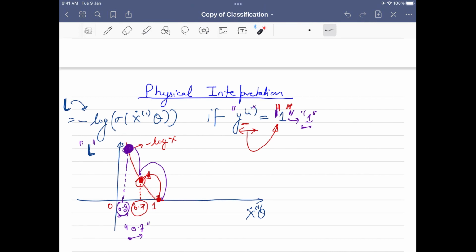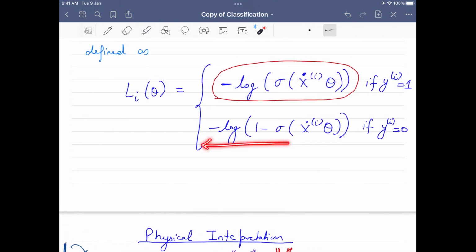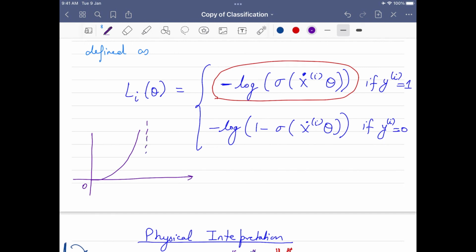Similarly, in the other case, if you plot this function, it will look like this. It is 0 here, and then you have 1 on this side. Here it is saying that if your actual label is 0, and your machine predicts a value 0, then the loss is 0.